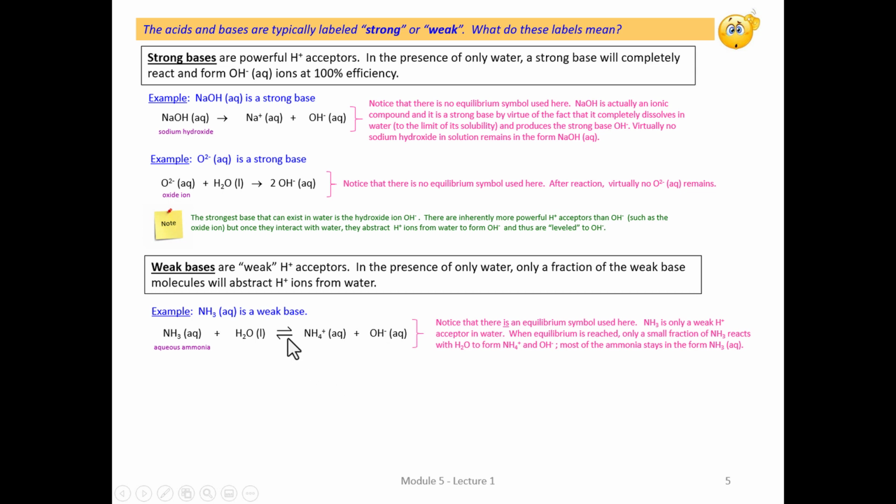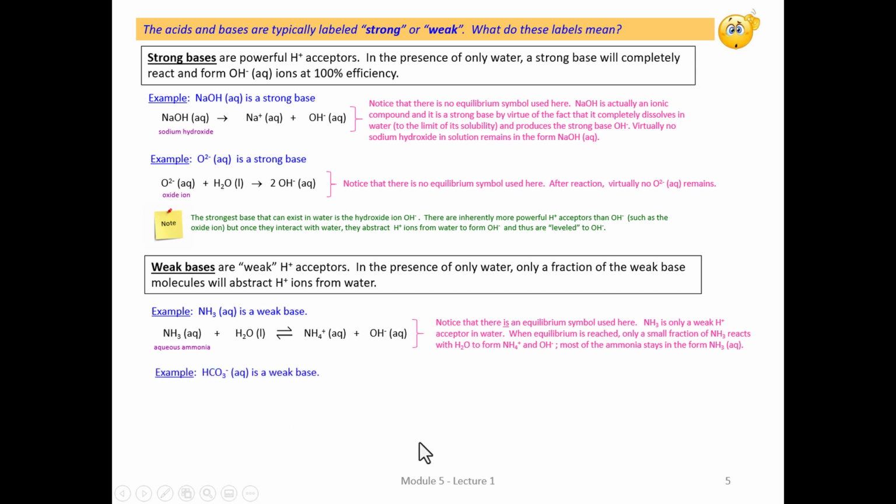Notice there is an equilibrium symbol here. So ammonia is a weak H+ acceptor from water, and when equilibrium is reached, only a small fraction of the ammonia molecules have been able to strip H+ ions from water, so most of the ammonia is in the form of unreacted aqueous ammonia.